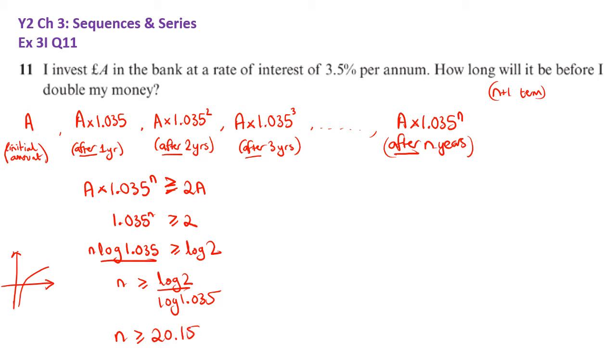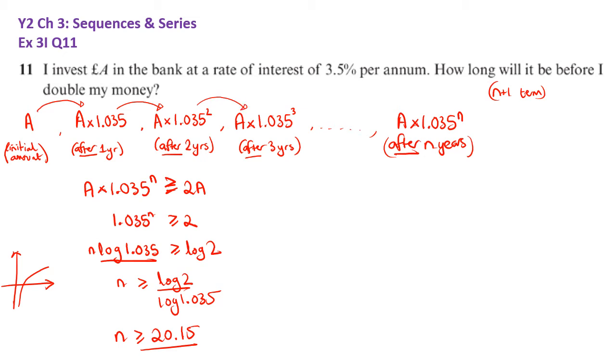Evaluate that, and we get n is greater than or equal to 20.15. And now go back and check the context and the sense of the question. After how many years? So this is during my first year going on. This is during my second year, during my third year, up to that point.